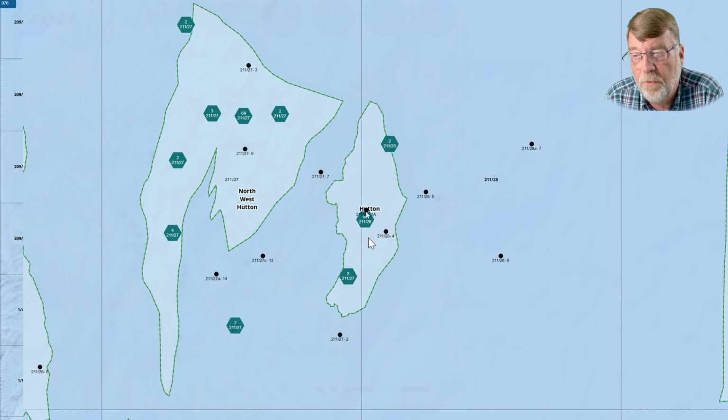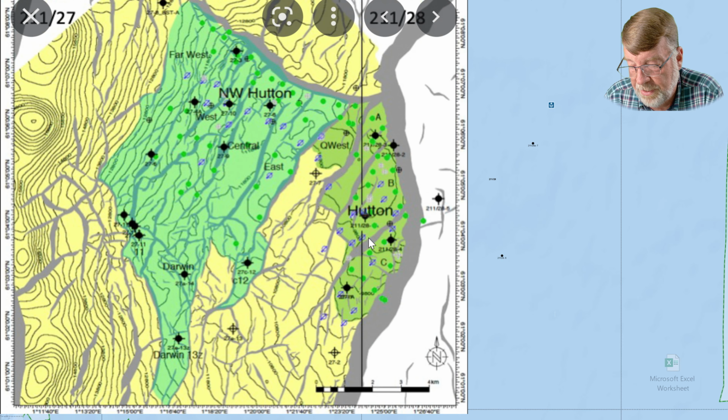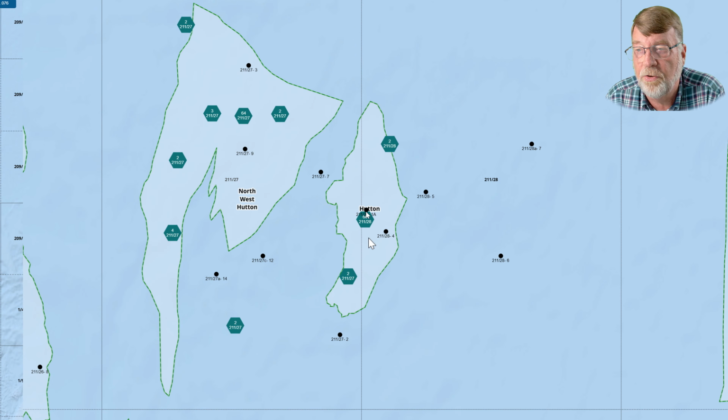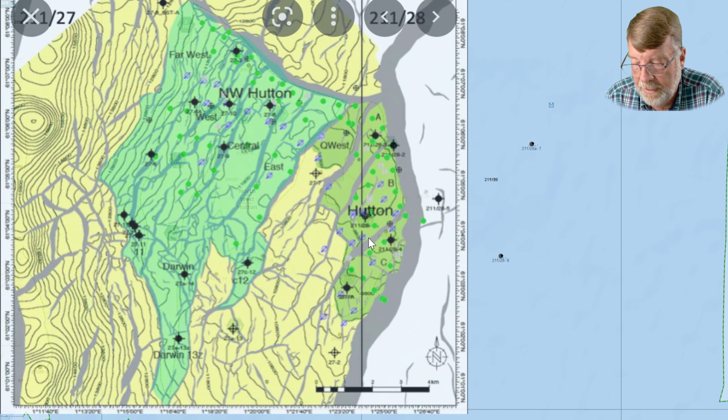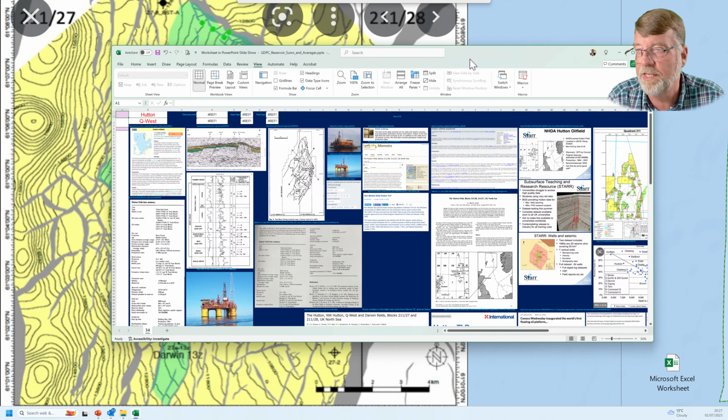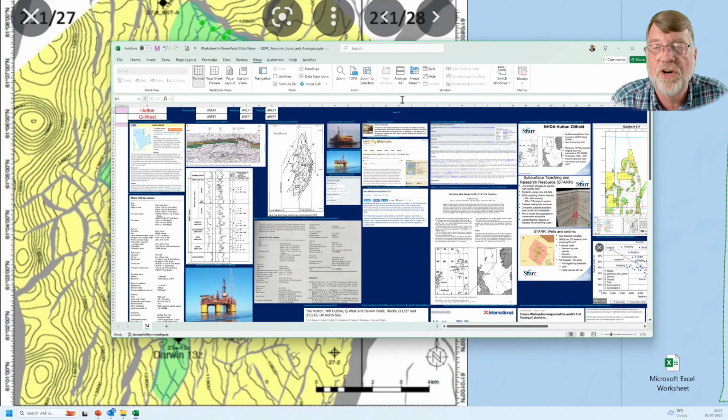That was just the field outline from the NSTA website. But if you dig deeper and look at a depth structure map, so if I open this up from my good friend Mike Cooper and bring this over, here is the Trove data set.